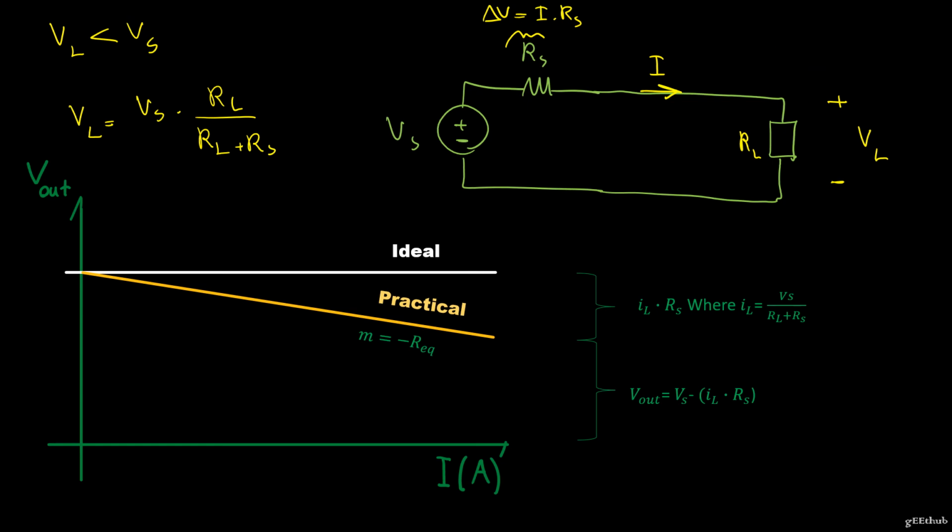So this graph over here is modeling how the output voltage of a practical source would look like. So the higher current we have in our circuit, the larger potential drop we have across our source resistance, and that results in a reduced amount of V out.